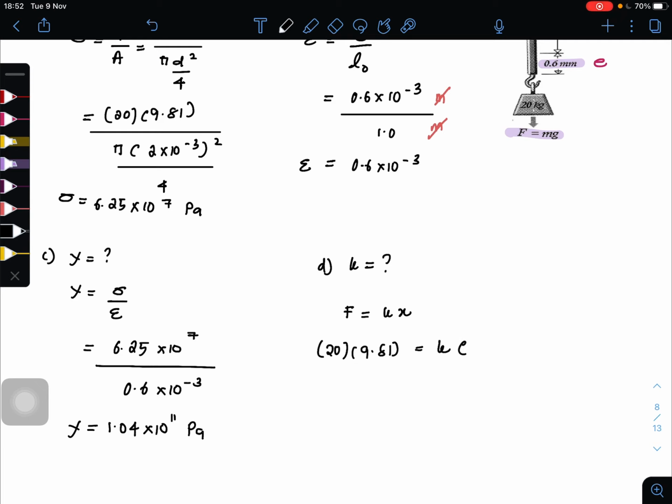It's K times X, elongation 0.6 exponent negative 3 meter. So K is equal to 3.27 exponent 5. And then the unit, since force unit dia adalah Newton, and then elongation adalah meter, so it will be Newton per meter.